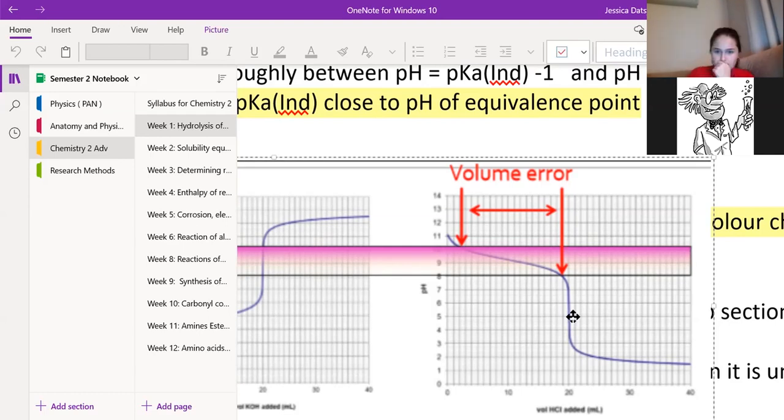Then can you see that the acid you begin with has a pH of 1 because it's a strong acid, and the base has a pH of about 11 to 10 because it's a weak base? So base has a pH of 11 to 10.